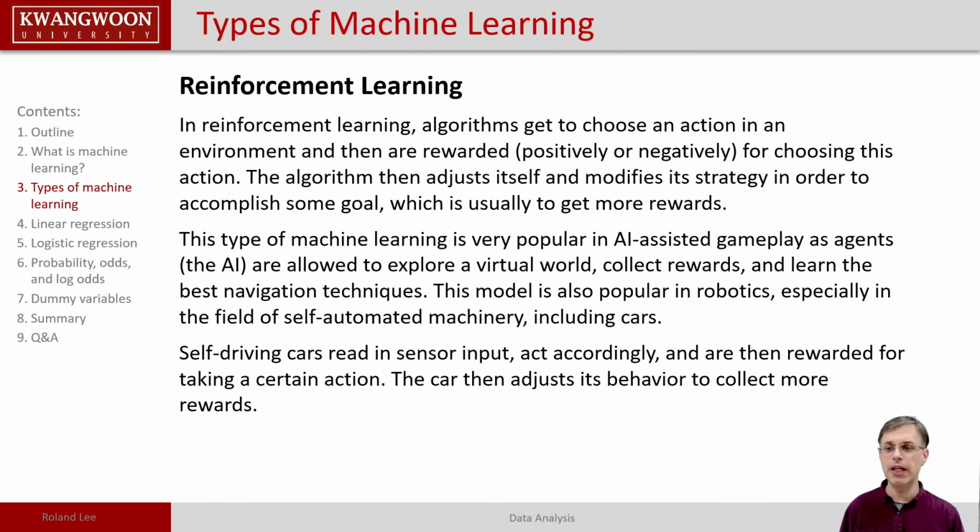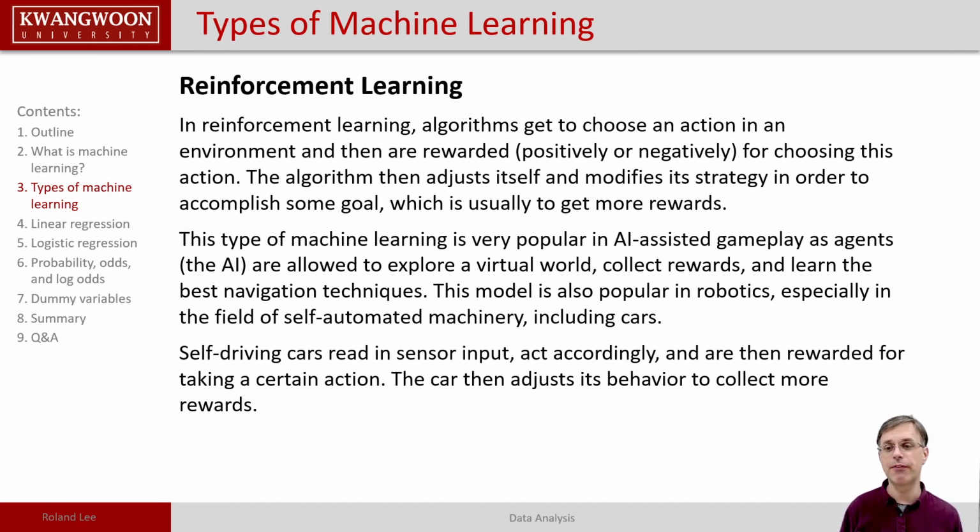So what we know here is self-driving cars read in sensor input, act accordingly, and are then rewarded for taking a certain action or not taking a certain action. It can also be thought that reinforcement learning is similar to supervised learning in that the agent is learning from its past actions to make better moves in the future.